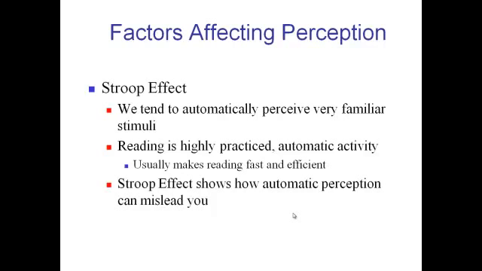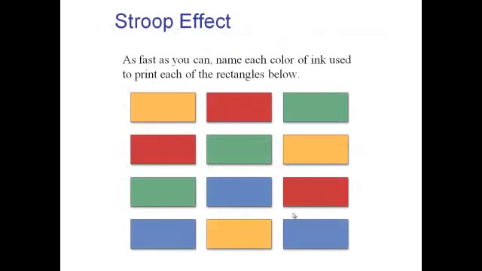However, the Stroop effect shows how your automatic perception can mislead you if the task you're trying to do is different from, essentially goes against, our automatic tendency. So, for example, if I were to ask you to identify the color of each of these rectangles, this is a very easy thing to do.